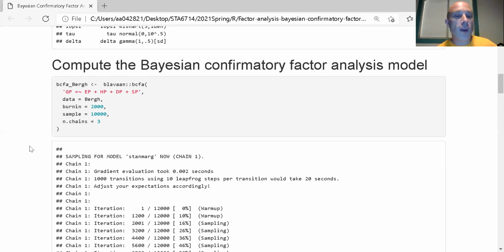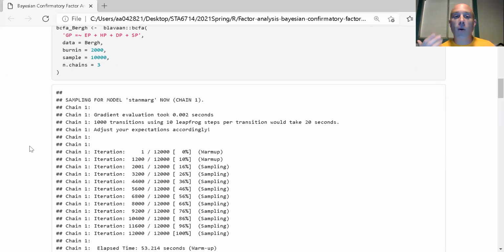Now, when I do this, it goes ahead and gives me some feedback on what's going on. And here it tells me which chain it's working on, and it goes through some processes. The iterations let us know where it is in the process. So we know that there's 2000 burn-in and 10,000 that we're keeping. So we can see which iteration it is, every few, to give us an idea of what's happening.